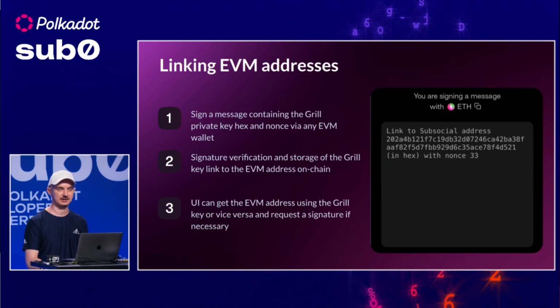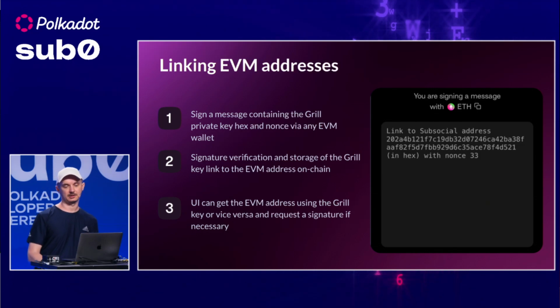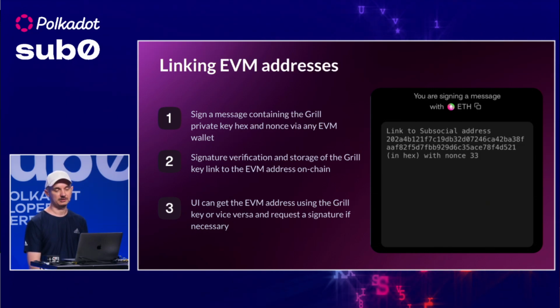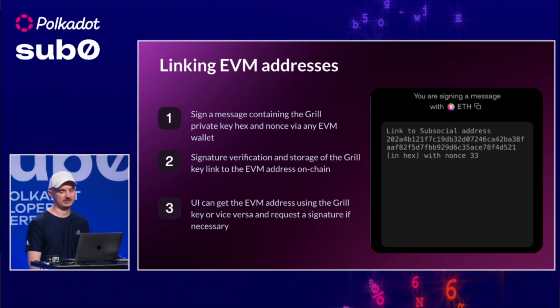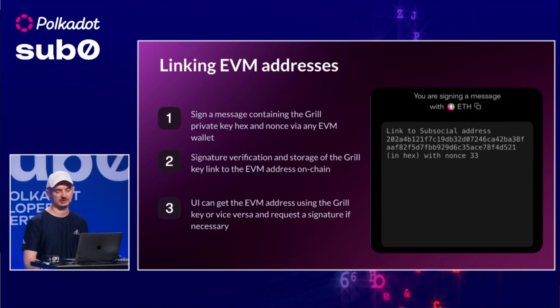If the signature is verified, we then create a simple storage map that maps your EVM account to your Substrate account. In this way, we know which EVM account is linked to which Substrate account and vice versa. And after that, it feels like you logged in with EVM.